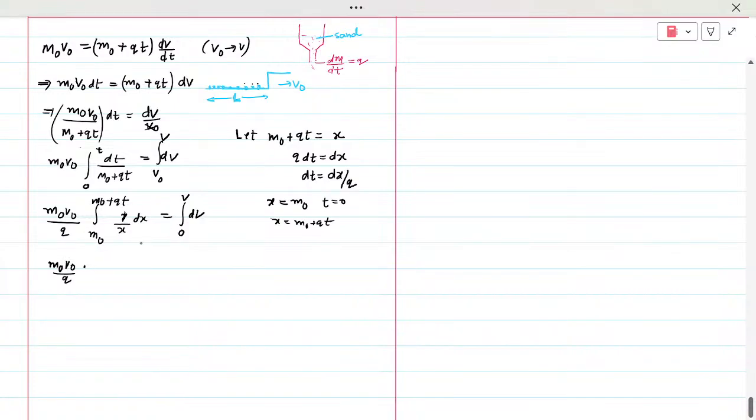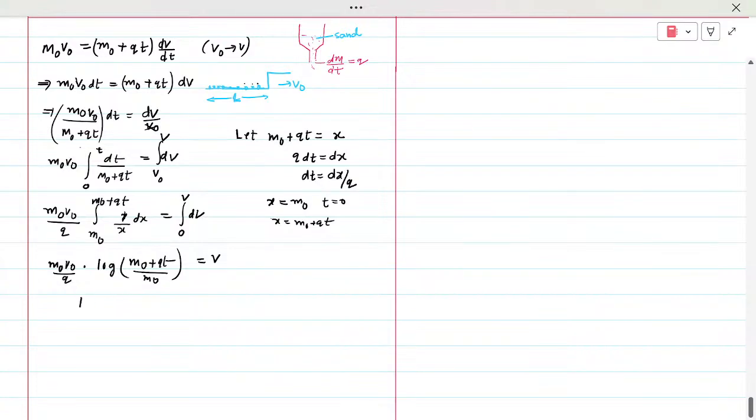So this is q by m into log, so here x is equal to log x. Integrations are log a minus b is equal to m into q naught t by m naught, is equal to v.